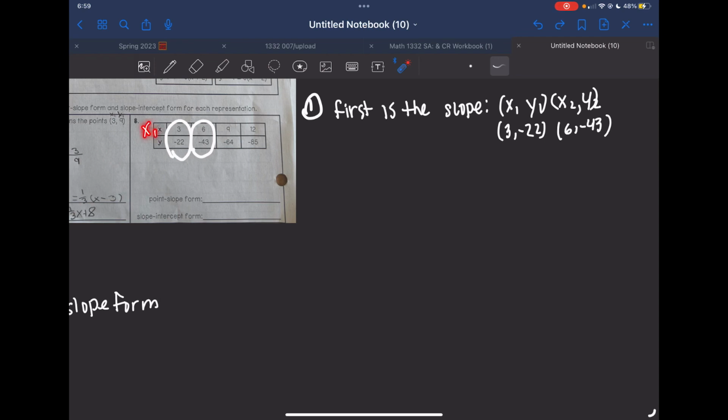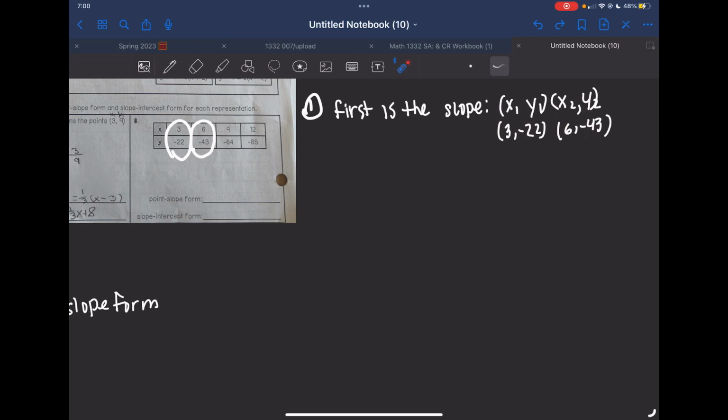So x1 is going to be 3, y1 is going to be negative 22, x2 will be 6, and y2 is going to be negative 43. I kind of have them below each other.